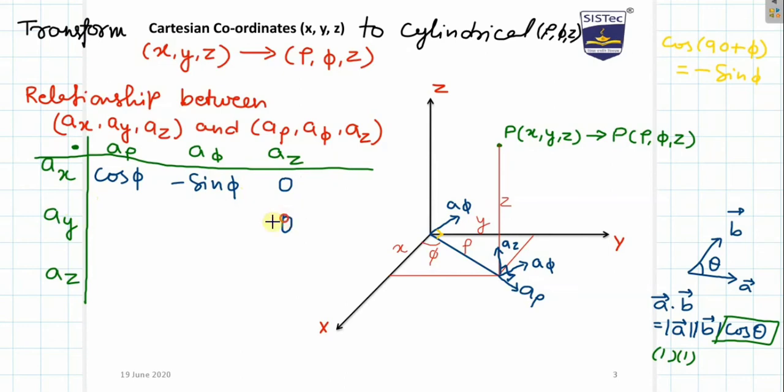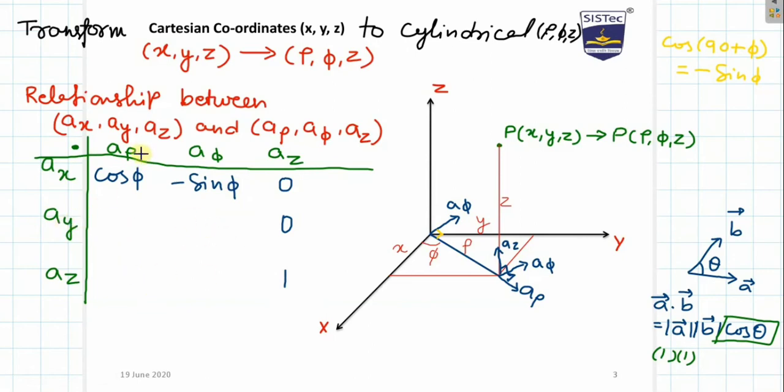And az dot az: both unit vectors are in the same direction, so the angle is 0, and cos of 0 is 1, so az dot az is 1. Now we will fill the remaining places.